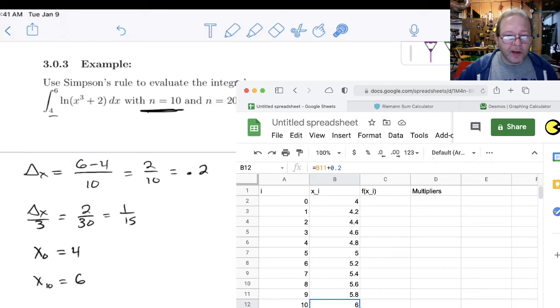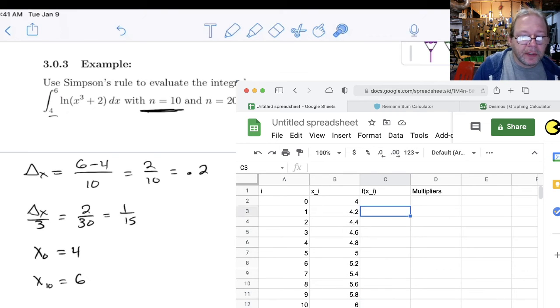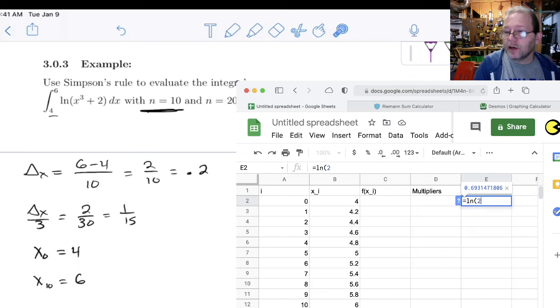All right, so now I've got to type in the function. Let's see, we've got to do ln. I'm not sure how to do ln on the spreadsheet here. Let's experiment just a little bit. I'm just going to come over here, equals ln of 2. Okay, it looks like just ln will work. Just to verify that though, equals ln of, let's type in e.